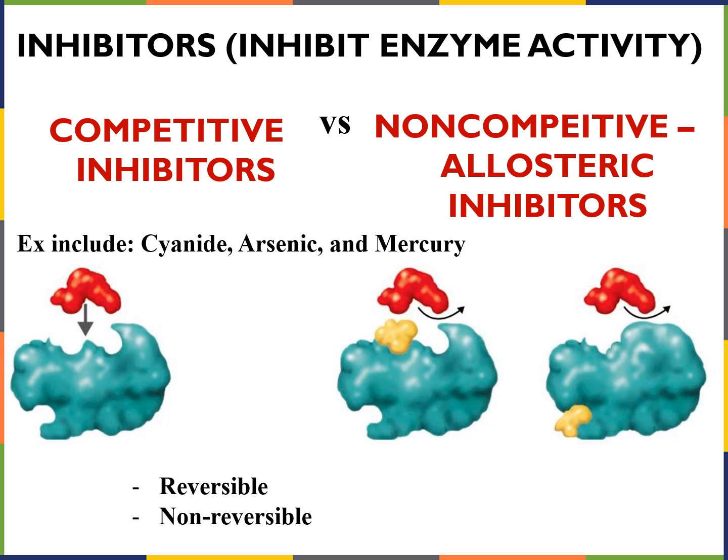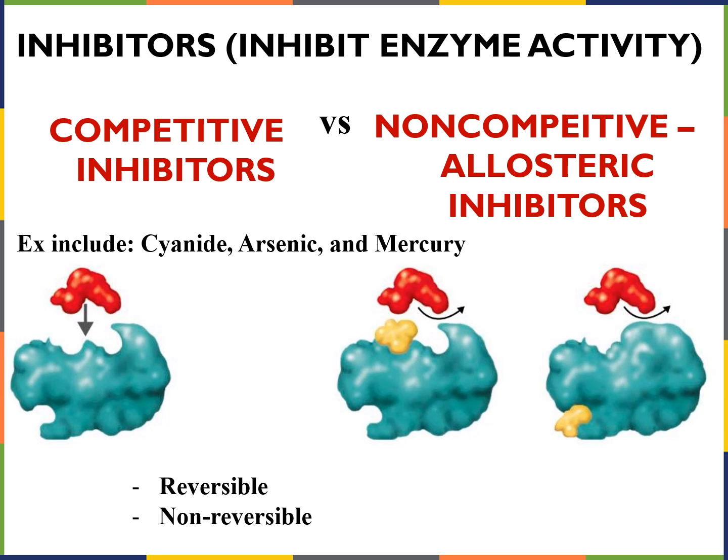For example, if these are poisons, such as cyanide, arsenic, or mercury, they would work by binding to the active binding site of the enzyme, so that now the normal substrate, when it comes to bind, cannot bind there anymore because that yellow molecule is there. This is called competitive inhibition because both the substrate and that yellow molecule are competing for the same binding site.